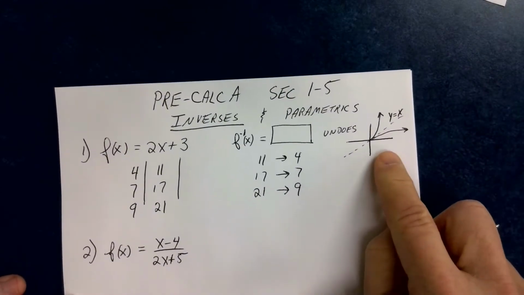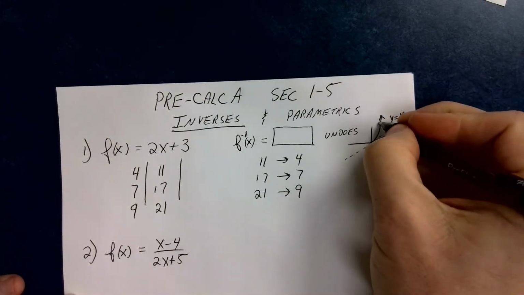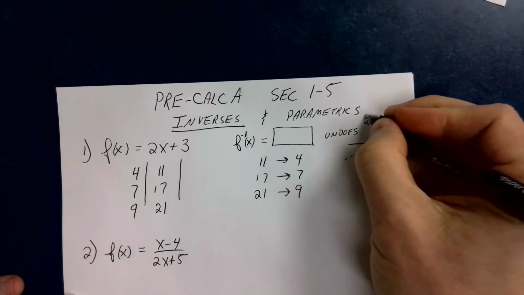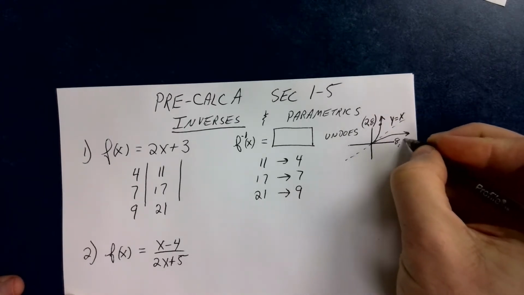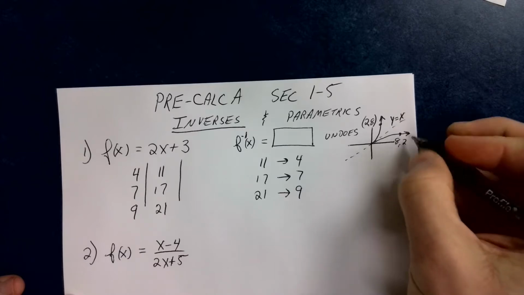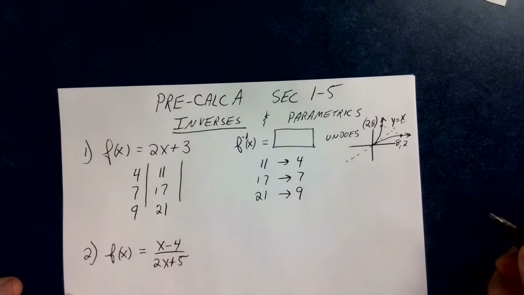So for example, if 2, 8 is a point on the original function, then 8, 2 has to be a point on the inverse function because they have to be reflections over the y equals x line.